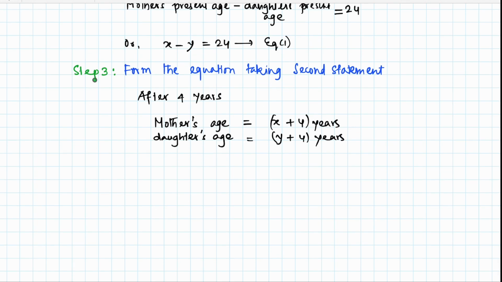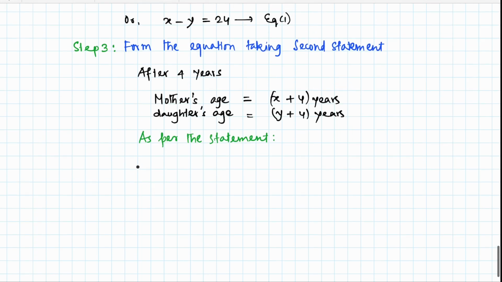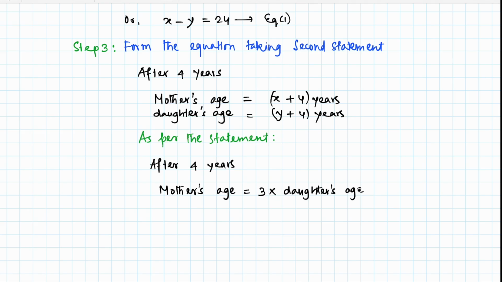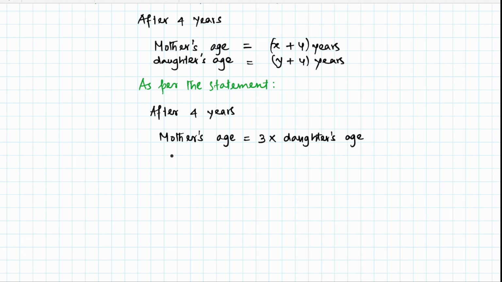Now we have to consider the statement. As per the statement, after 4 years, mother's age is 3 times daughter's age. Now we can easily put the values we have got: x plus 4 equal to 3 times y plus 4.